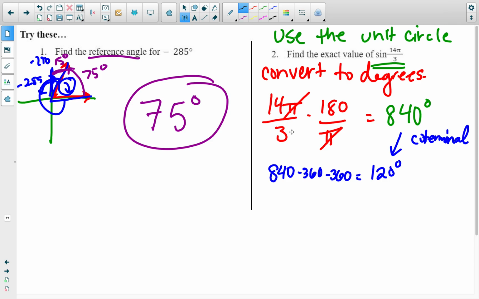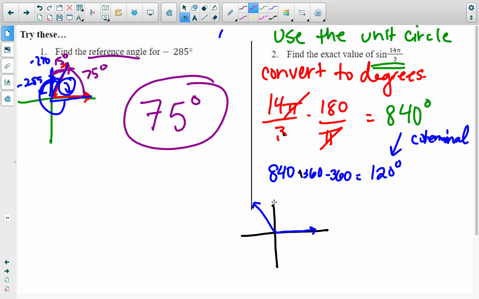Okay, and then if we think about our unit circle, where's 120 degrees? Let's see. So this is 90. So we know that 120 is going to be somewhere in between here and here, right? It's going to be roughly right there.